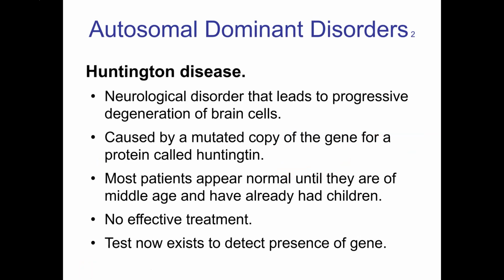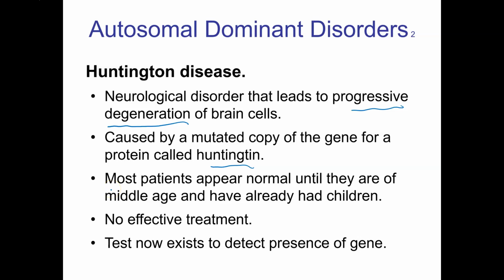Huntington's disease is a neurological disease, and it leads to progressive degeneration of brain cells. This is caused by a mutated gene for a protein called Huntington. There are multiple copies of this, so it's like a repeated copy of this gene that causes this disorder, okay?